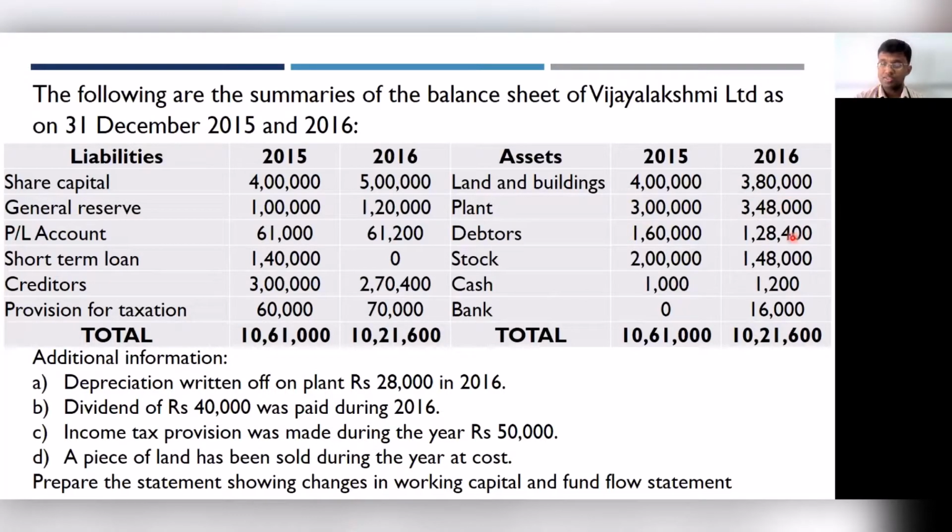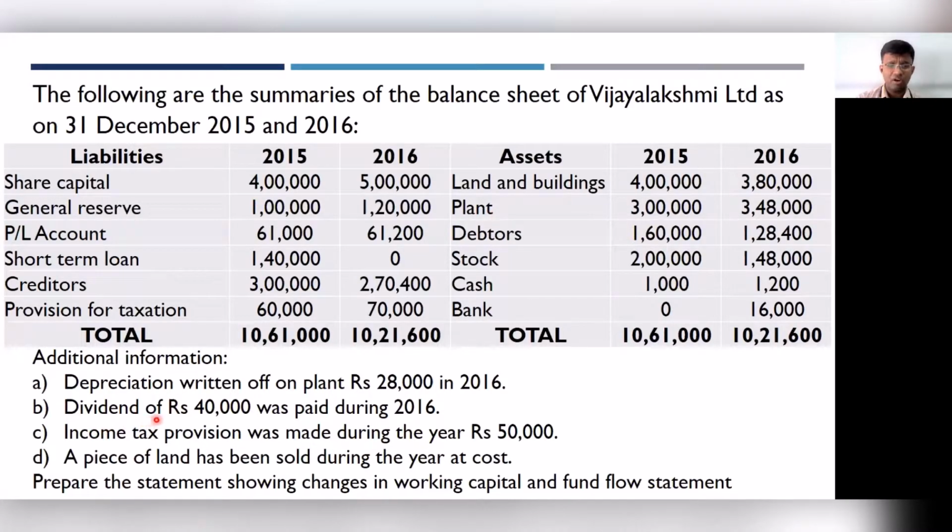However, in 2016, instead of the amount reducing, it has gone up, which means there are some transactions that have taken place with respect to plant, which need further investigation. How would you investigate the transactions which have taken place over here? For this, you will have to prepare a ledger account for plant.